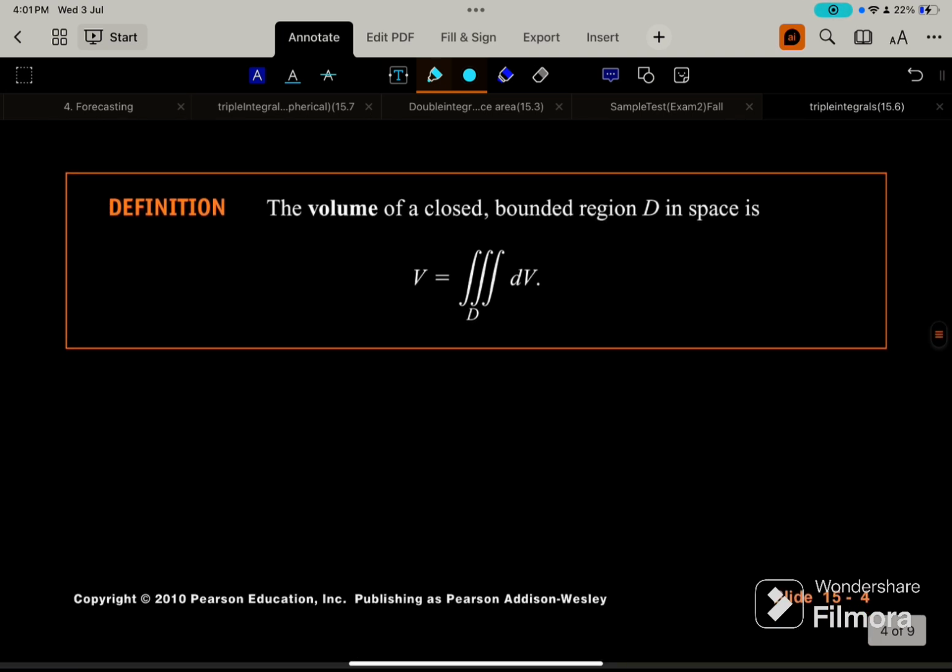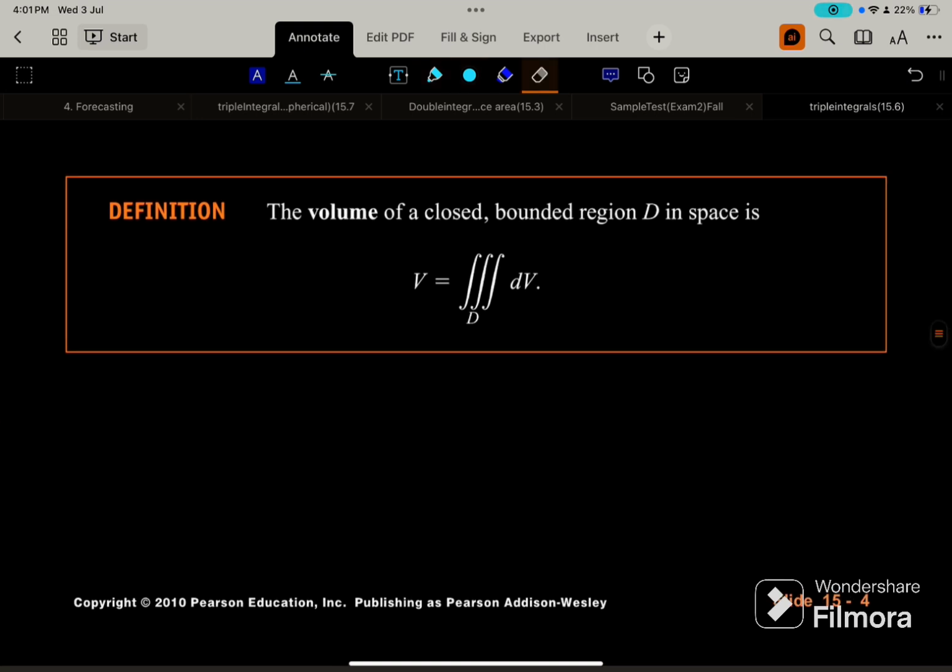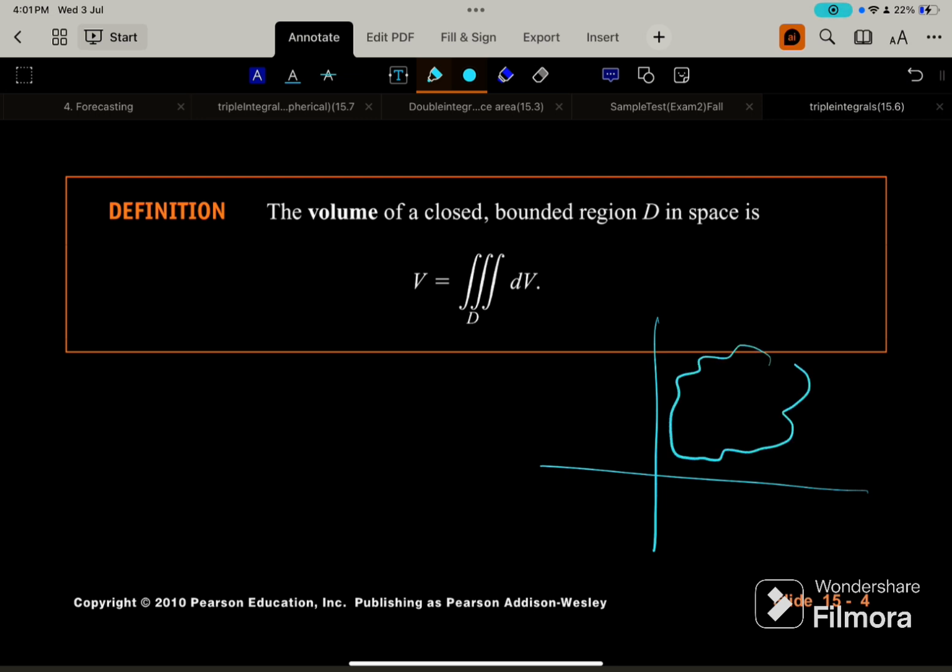And now here we have our definition. As we said, if we want to find the volume, we have a bounded region. So let's say we have this, kind of this. It's a 3D object.